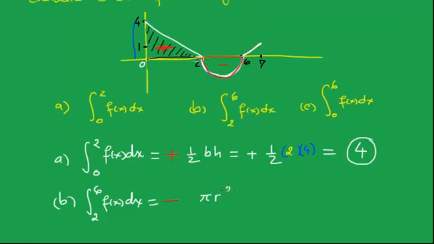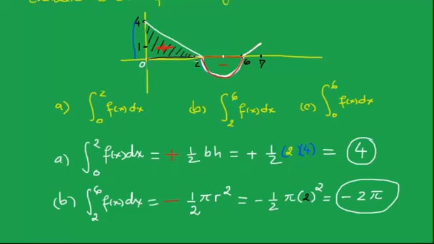So r here is 2, and we have that negative 1/2 pi, and then r, which we found to be 2, squared. So we get negative 2 pi. So the definite integral from 2 to 6 of f of x dx is equal to negative 2 pi.